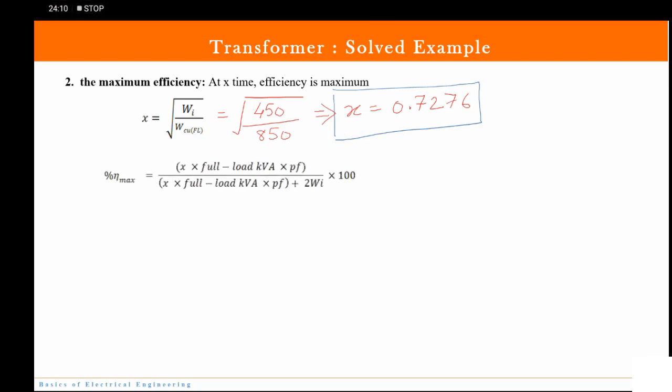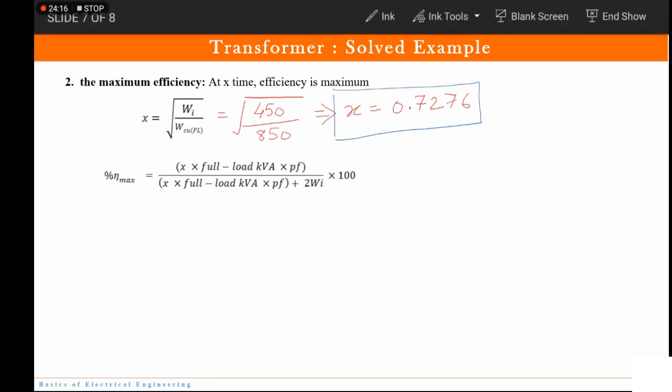So what is the maximum efficiency? Now maximum efficiency is given by this. Where did this come from? For maximum efficiency, what is the condition? That copper loss should be same as iron loss. This was the condition.